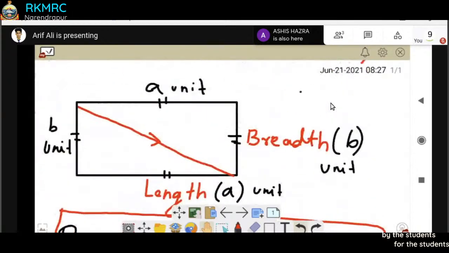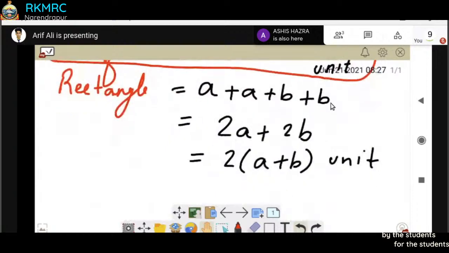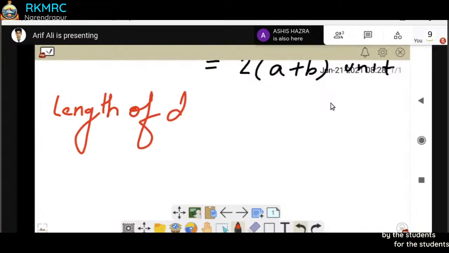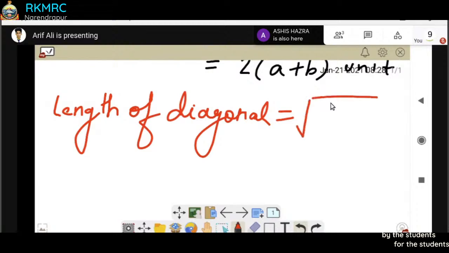And if you are asked to calculate this diagonal, so the length of diagonal is equal to root under A square plus B square. You must not forget to write this unit, otherwise your answer will be wrong.